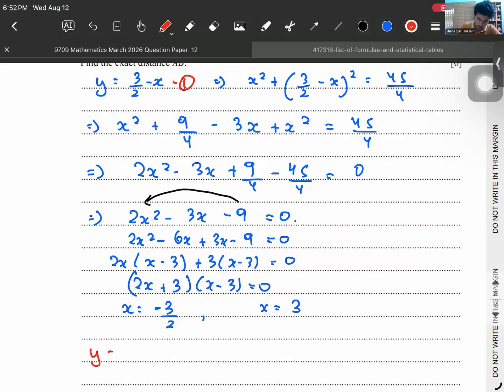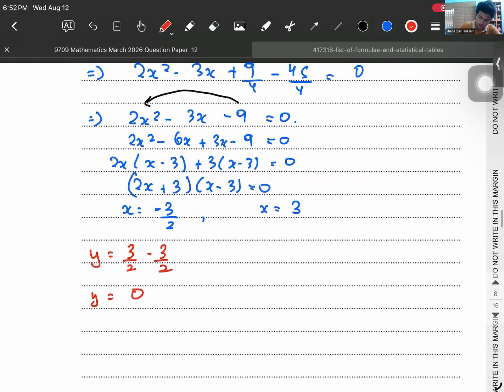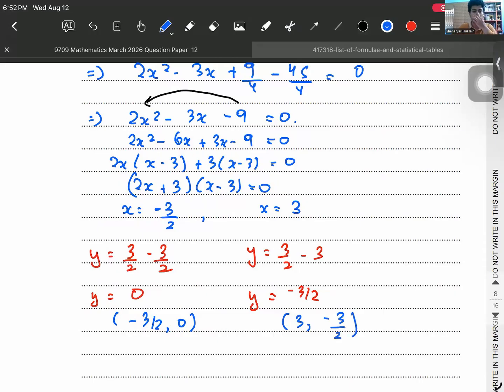So this will just be y equals 3 upon 2 minus 3 upon 2, and the y value we're getting is 0. So one coordinate is negative 3 by 2, 0. Inputting this into the other one, so negative 3 by 2 minus 3, the value of y that you're getting here is the opposite of that, which is negative 3 by 2. So the coordinate turns out to be 3 comma negative 3 by 2.